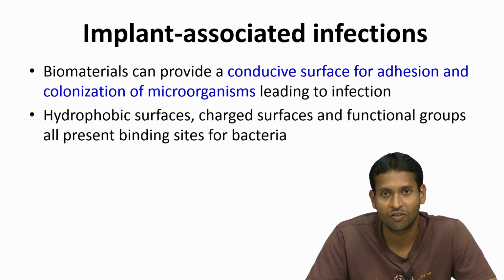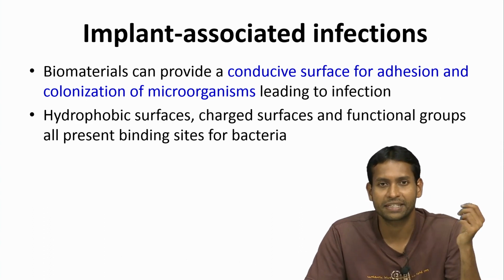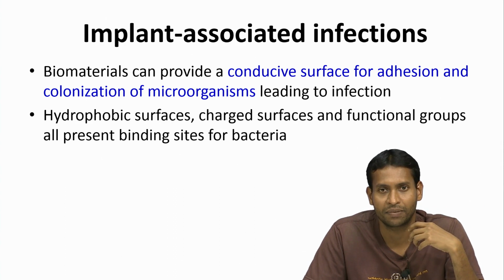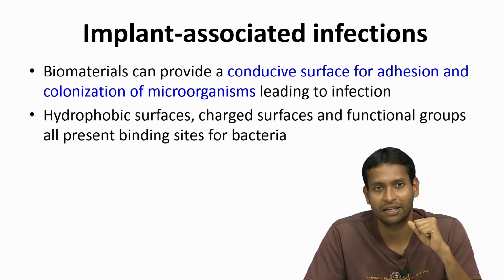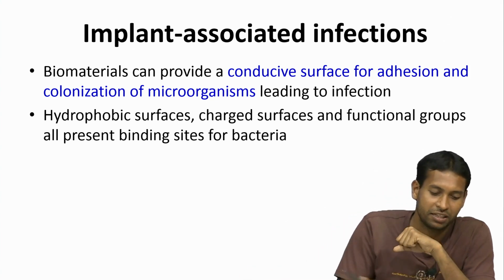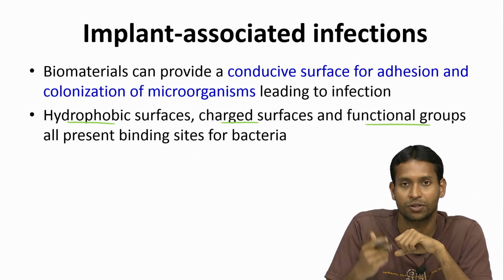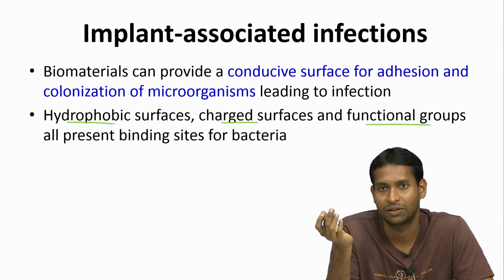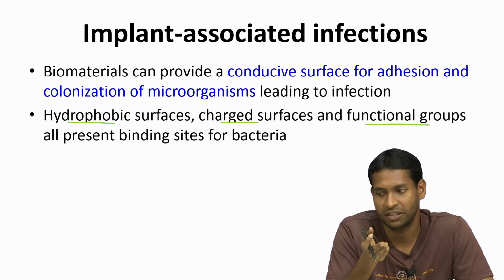So, typically the hydrophobic surfaces, the charged surfaces, the functional groups that are present give a binding site for this bacteria. So, if the surface is very inert, you will see less likelihood of that surface getting colonized by the bacteria, but if you have any of these properties where they are either hydrophobic or they are charged or they have some functional groups through which these bacteria can attach to it, then those surfaces become a lot more conducive for this implant associated infections.